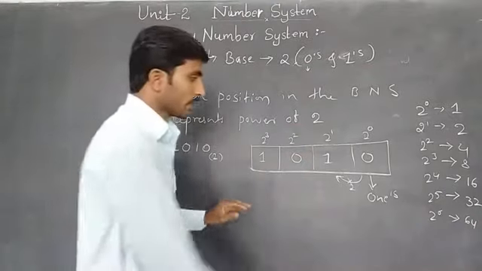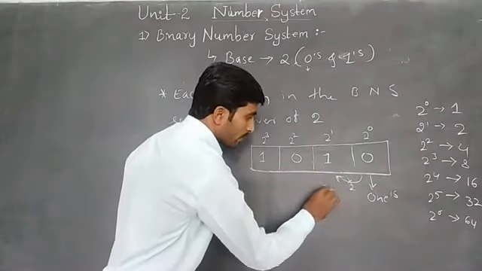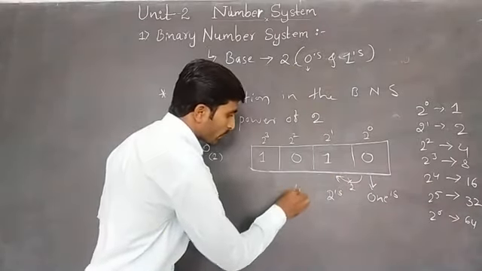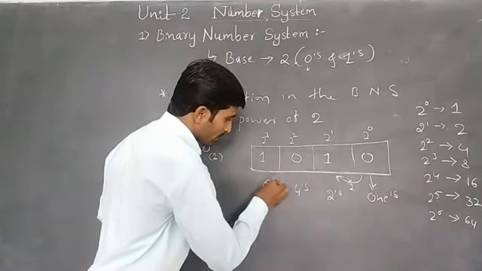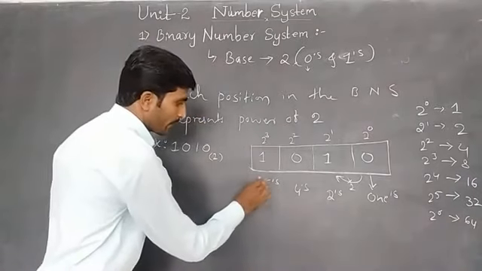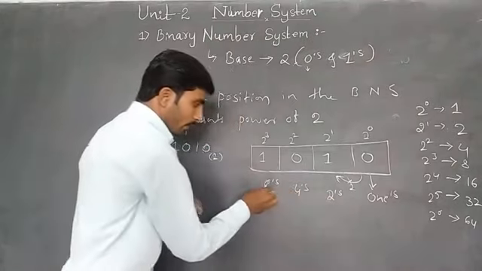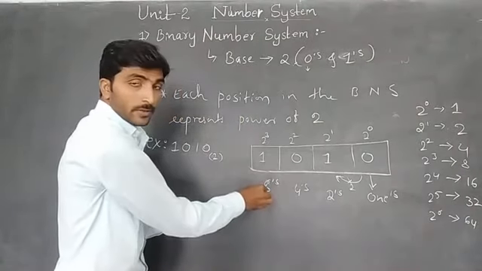So 1 into 2, 2, that is the 2's place. This is the 4's place, and so on up to the 8's place.